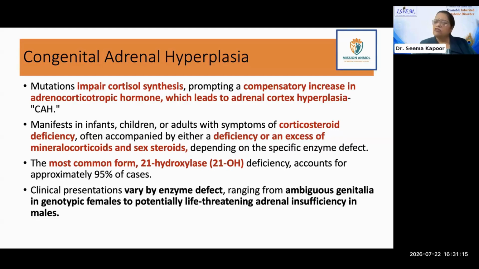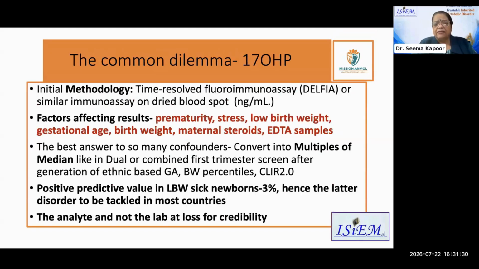That's all, which is not picked up by most of the residents. But if it is a female child, the child may have virilization of varying stages, from Prader 1 to completely Prader 5, a male phenotype. But when you do the karyotyping, it is XX. And you know that this is probably 21 alpha hydroxylase deficiency.